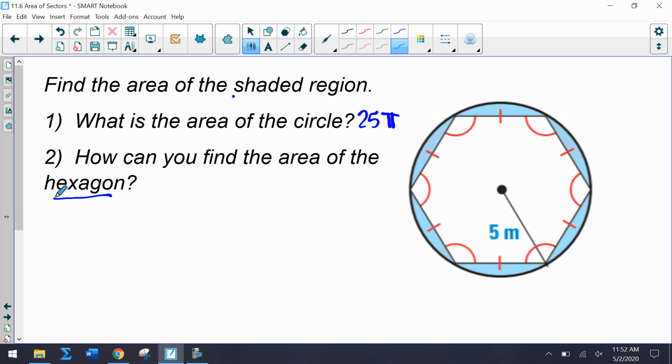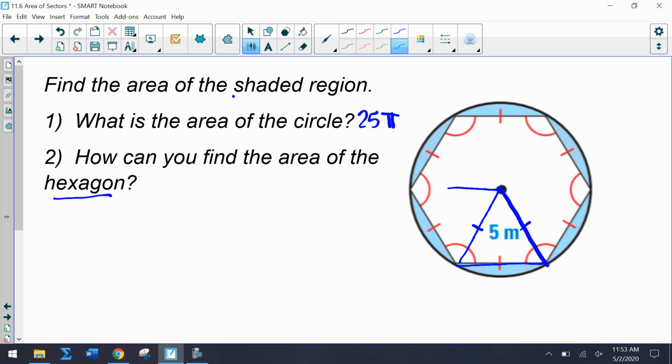We don't know how to find the area of a hexagon, but we do notice that this piece is 5 meters, and that's the radius. And this piece is 5 meters, and that's the radius. And that creates what type of shape? We have a triangle, an isosceles triangle.